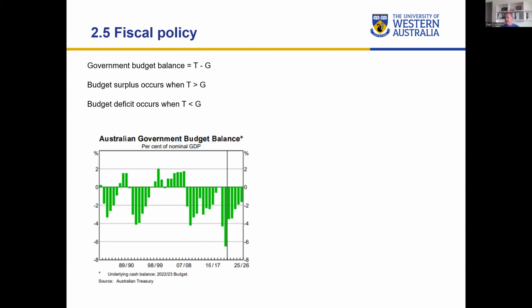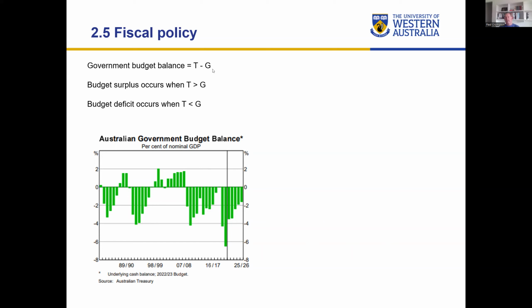You can go away and look that up yourself. It's going to add very little value to what we're doing. So we're just going to say T is the main source of government revenue, taxation revenue. We're just going to assume for simplicity that's the only source, and just ignore the others. So taxation, we've got GST revenue, income tax revenue, corporate tax revenue, et cetera.